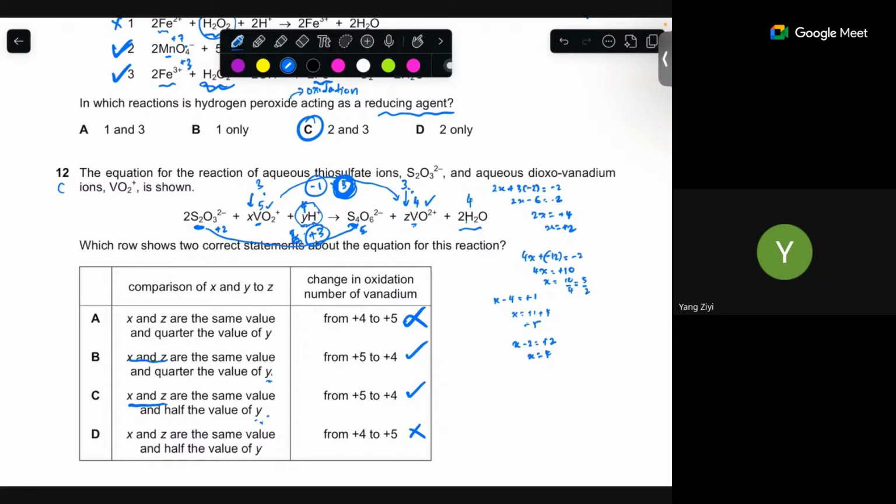So if this is 4, and if you have 3, then half of the value of Y, or quarter of the value.